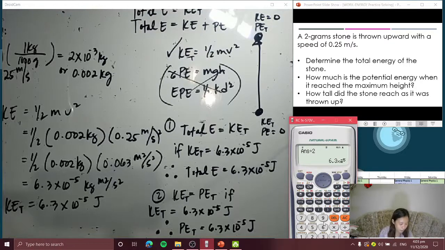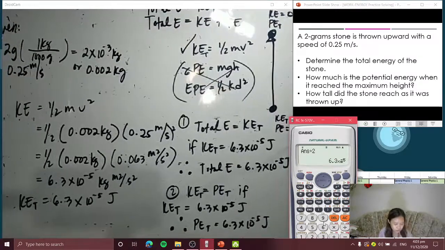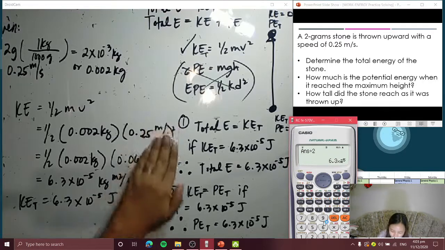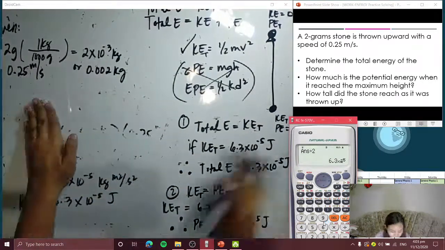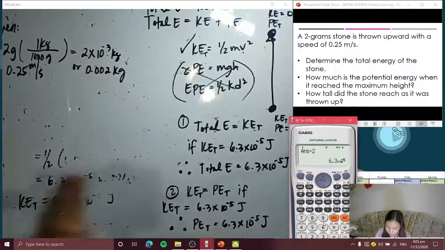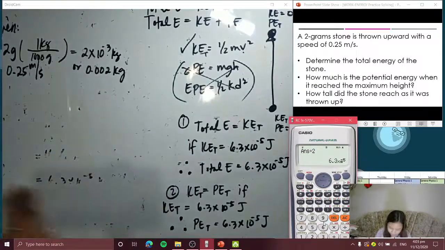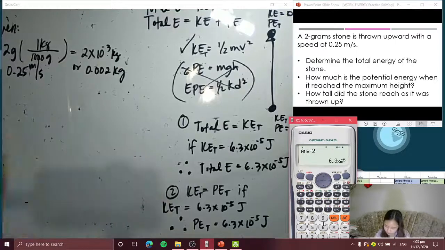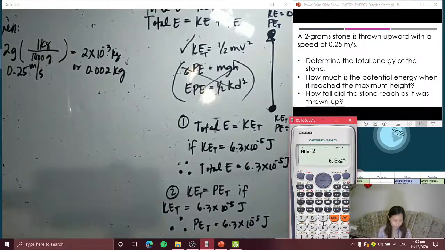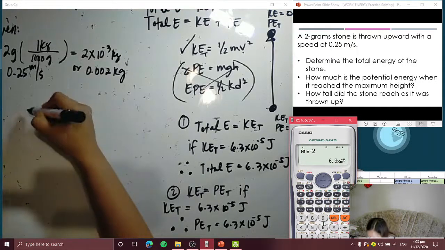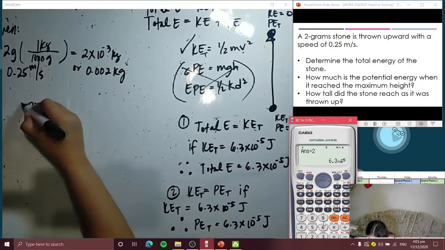Now, let me just erase first the calculations for KE so we can see our values. Okay, so we will find the height. So, PE, let's be specific.